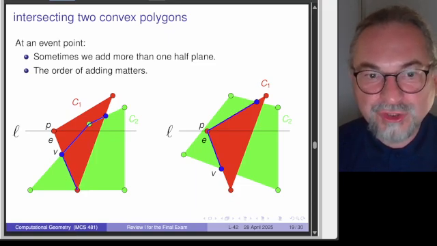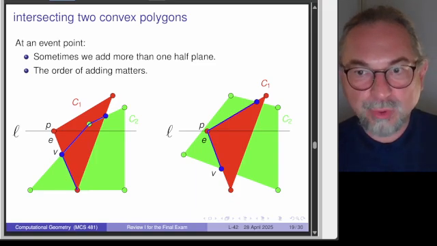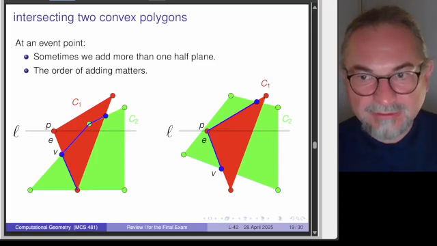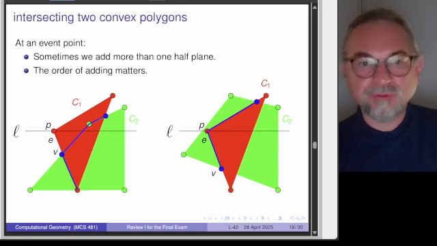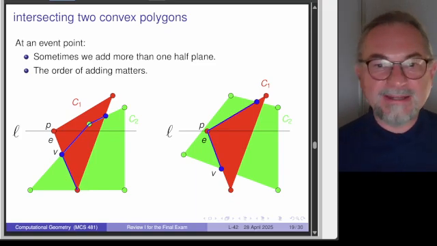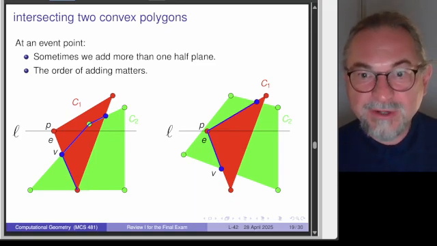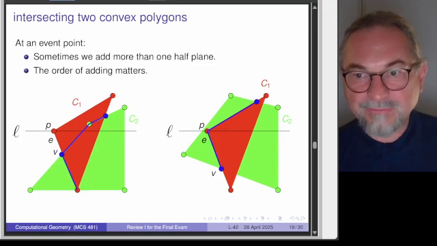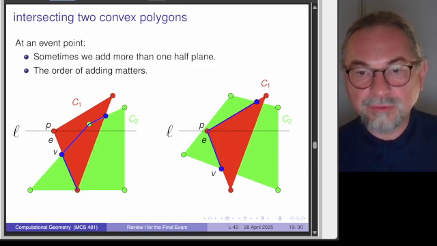In the first case, the green polygon cuts out into the red region. In the other case, we have the opposite: the red polygon cuts into the green polygon.